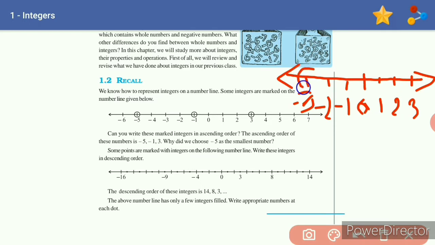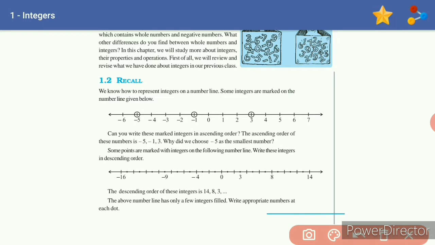So I will represent -3 here. If I want to represent -1, so this is -1. If I want to represent 2, so this is 2. The same thing is shown here: -5, -1, 3.